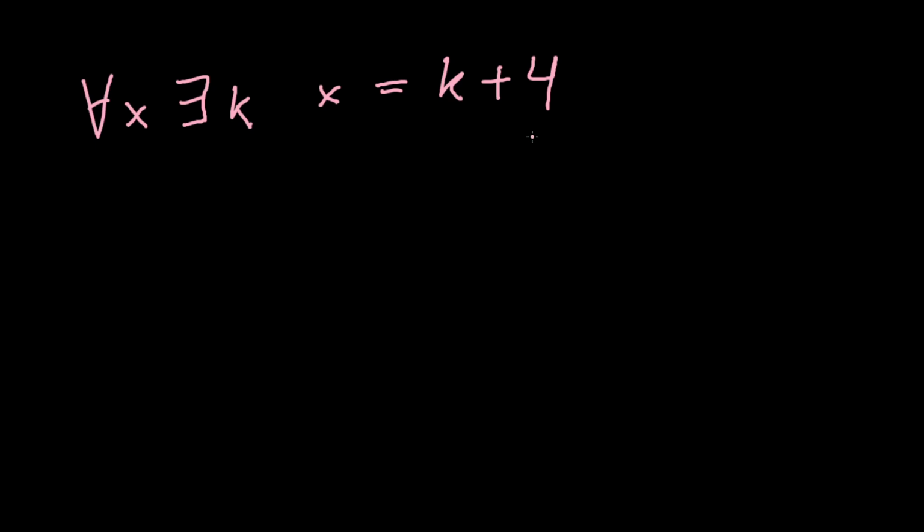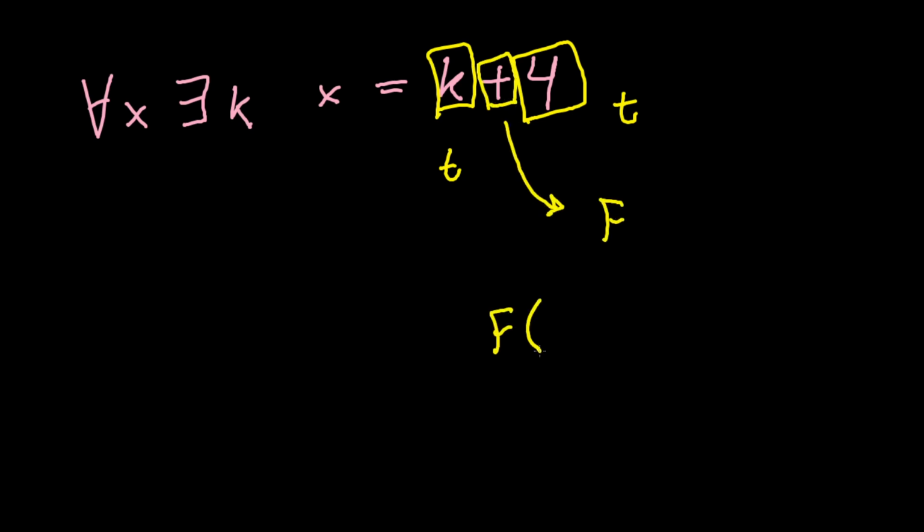Maybe a claim like that. We have our constant symbol 4, which is a term. We have a variable k, which is a term. And then we have a function symbol, so we take a function of k and 4, and that produces k plus 4.